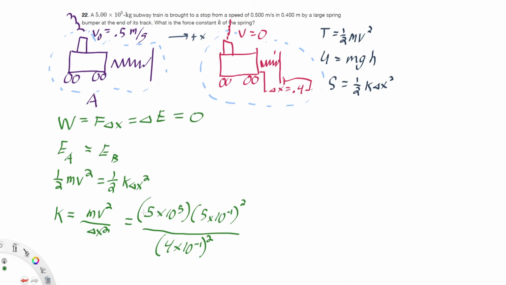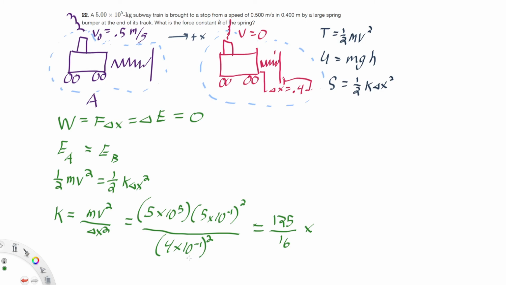So in the numerator, we've got 3 factors of 5, so that's 125. And in the denominator, we've got 2 factors of 4. And then when we go to count factors of 10, in the numerator, we have 5, and then 2 factors of 10 to the negative 1, so that brings us down to 10 to the 3.